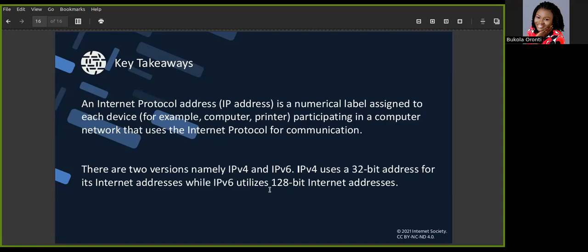IPv4 uses a 32-bit address, while IPv6 utilizes 128-bit internet addresses. So that concludes Unit 1, the first part of our Module 2 course.